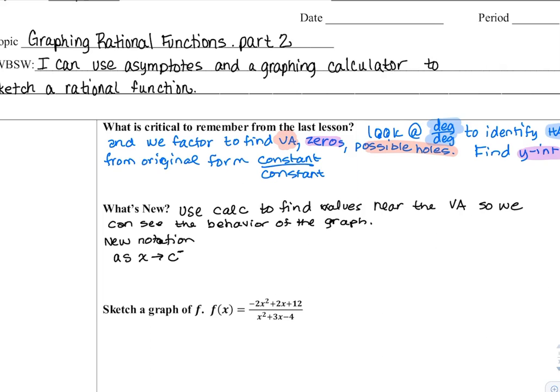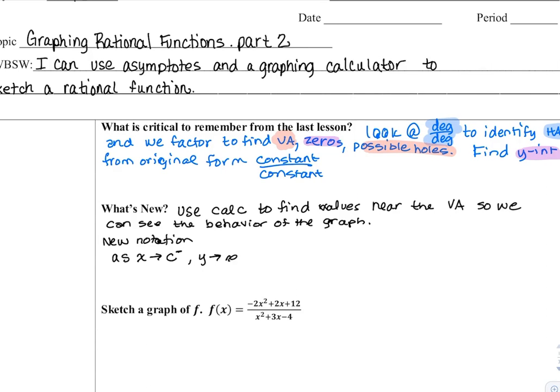So that says as x approaches c from the left, y approaches, typically, infinity or negative infinity. If you see as x approaches c from the right, that just means you're coming at the asymptote from the right side instead of the left, and you will again see y approaching positive or negative infinity.